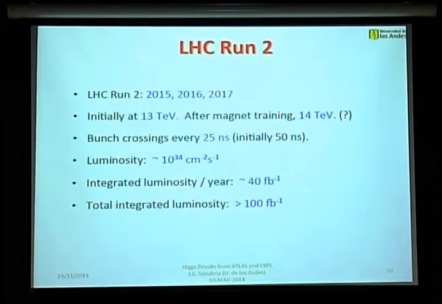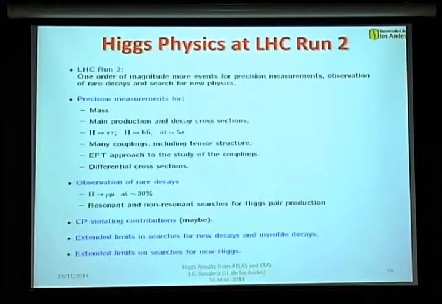That means roughly a factor of 5 in luminosity, and roughly a factor of 2 to 3 in Higgs cross sections when you move from 8 to 13 TeV. So it gives us 1 order of magnitude in terms of statistics.